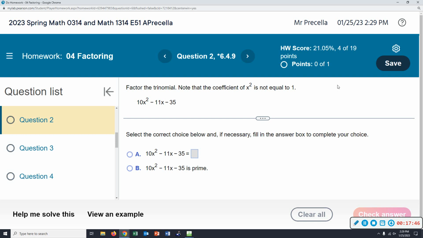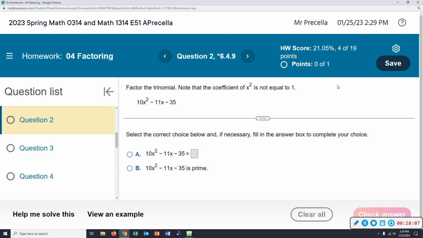Okay. I'm starting with problem 2 because this is a really good first example. Okay? Problem number 2 says, factor the trinomial.